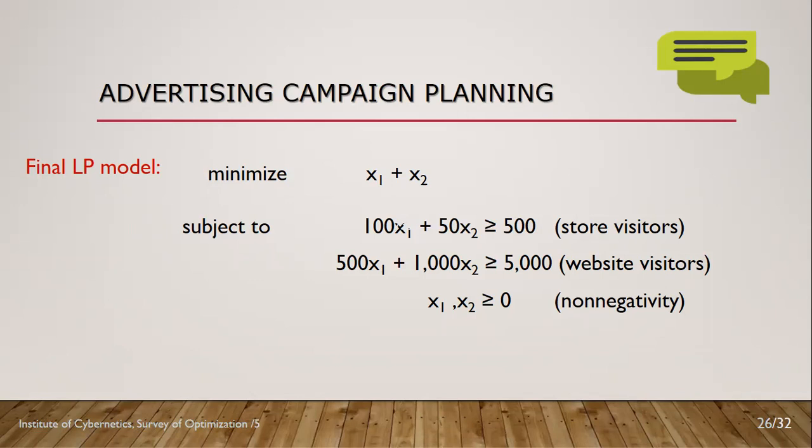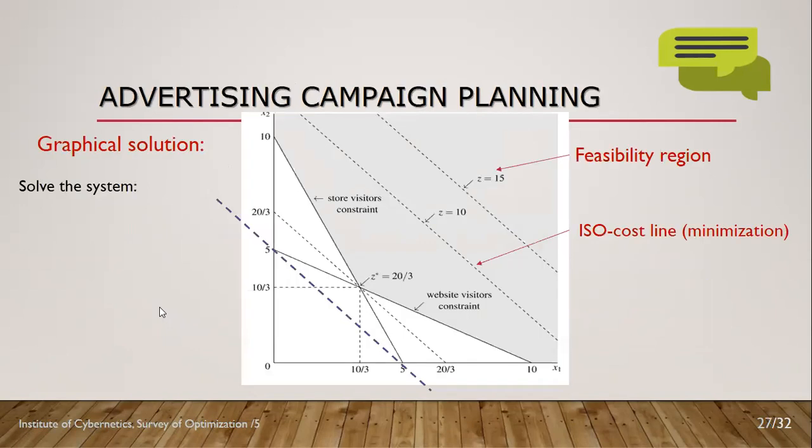advertising strategy. So we have the constraints, so we can plot the feasible region which might get us to the optimal solution. So here is the region. We have one constraint, the store visitors constraint, and the website visitors constraint. And of course, the axes refer to the non-negativity of the decision variables. So the overlap is represented by the shaded area here.